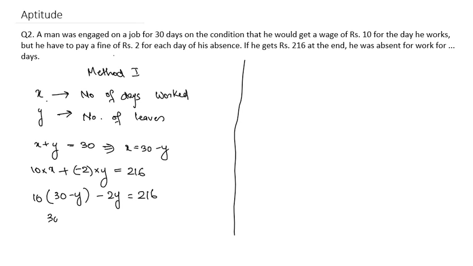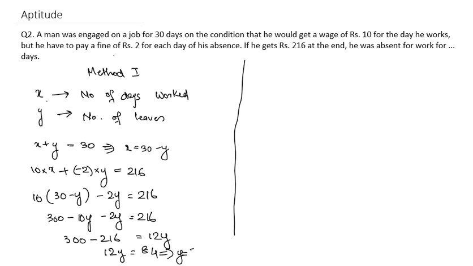That is 300 minus 10y minus 2y equals 216. That is 300 minus 216 equals 12y, or 12y equals 84. Solving, you'll get y is equal to 7 days. y is nothing but the number of leaves he took.